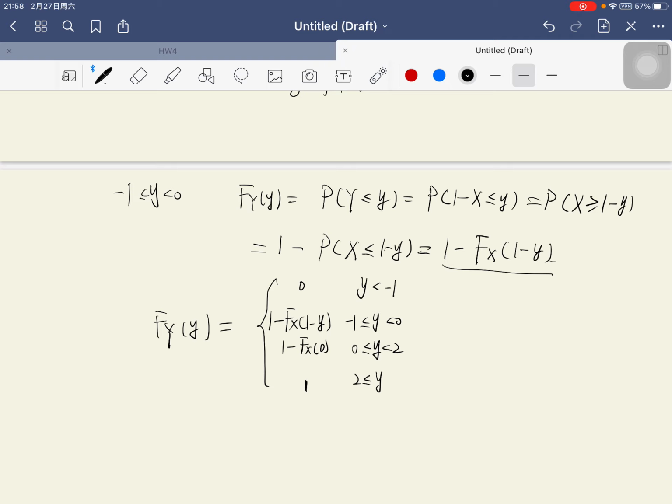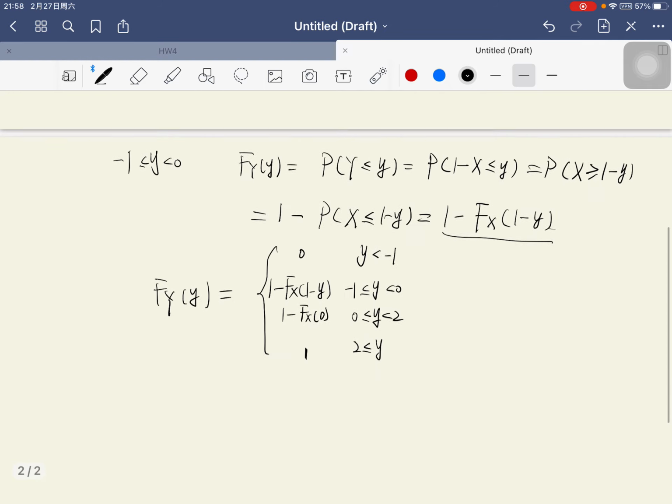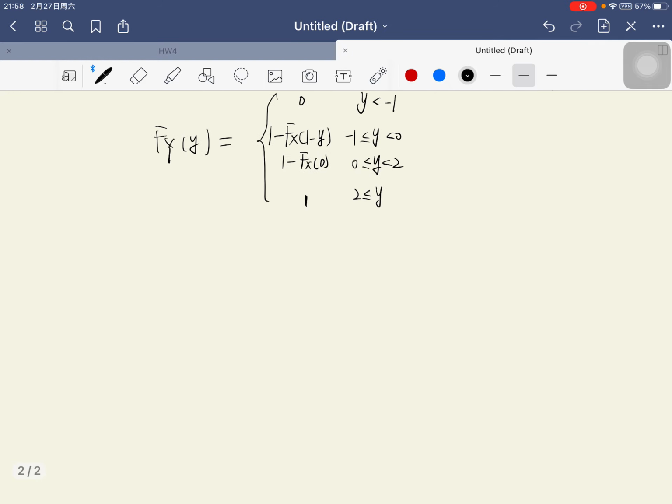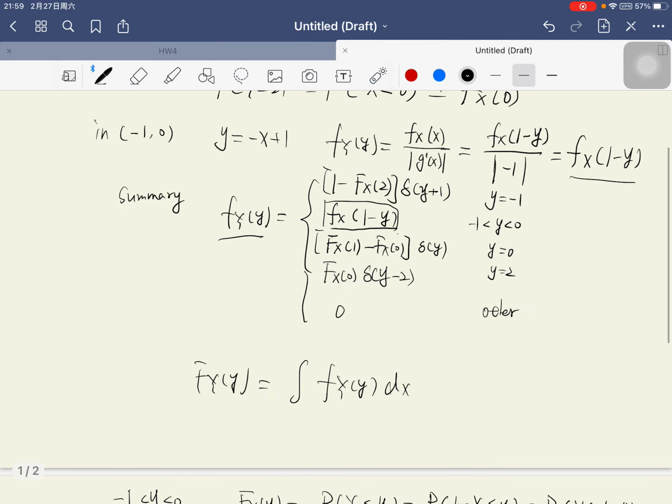and we want to draw the distribution function and the density function. In the density function graph, we could find that at y equal to minus 1, it is an impulse signal like this, and its value is 1 minus the distribution function of x at value 2.